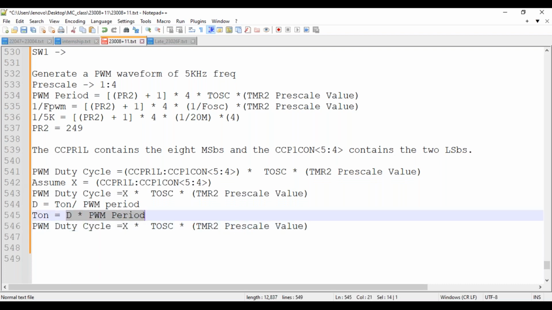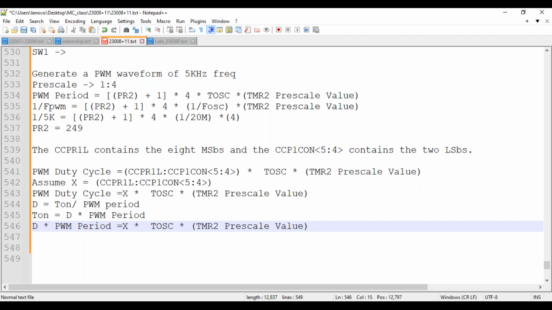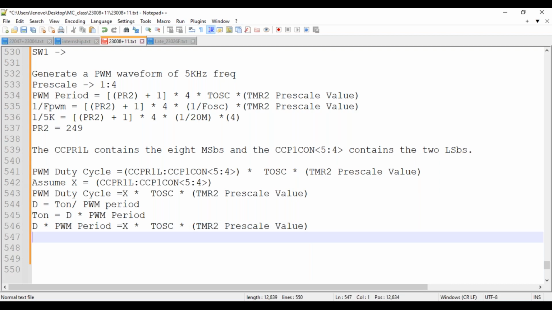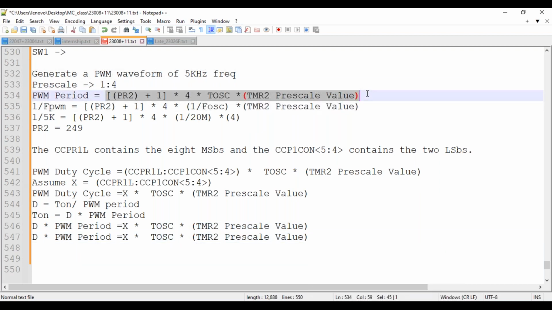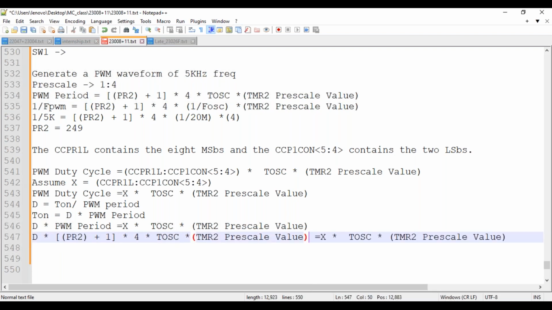So duty cycle multiplied by PWM period is nothing but X multiplied by T oscillating frequency multiplied by TMR2 prescalar value. Now PWM period has a separate formula. I'm going to substitute it, so this whole formula I'm going to substitute it here. Now do the cancellations and tell me what will be left.